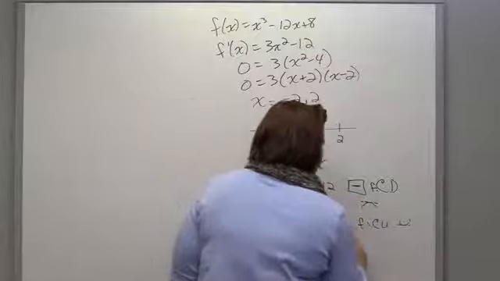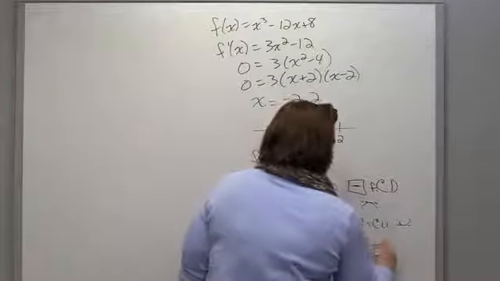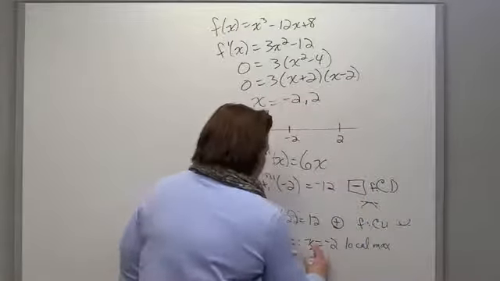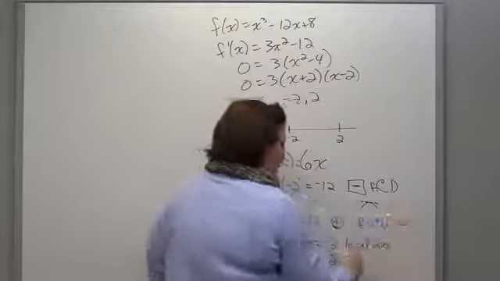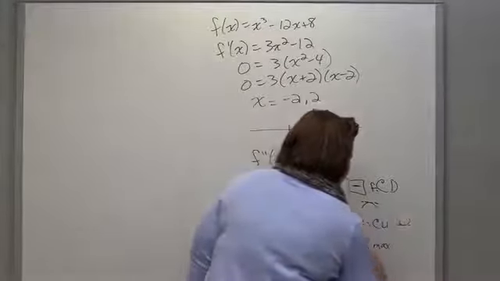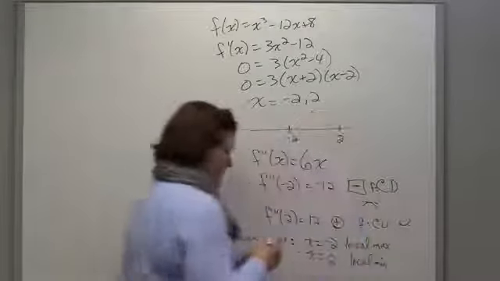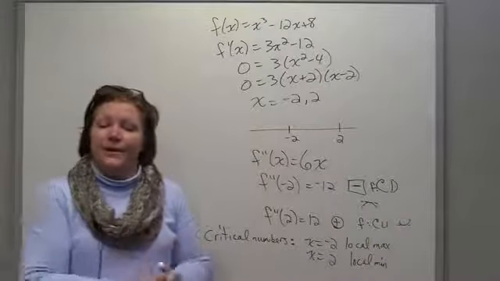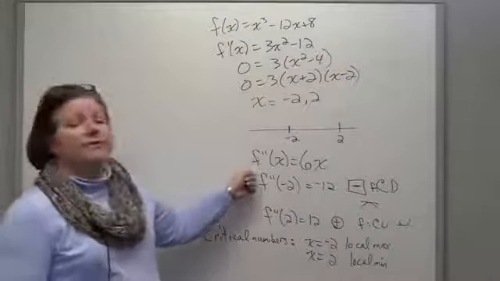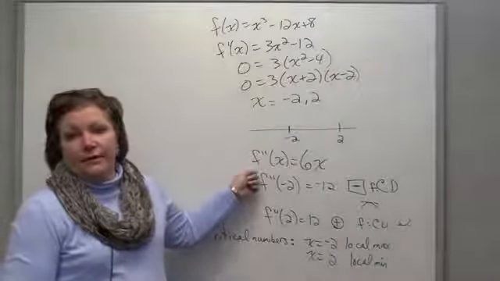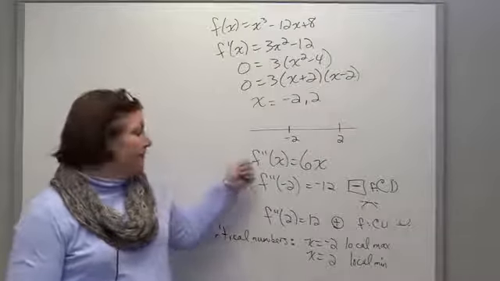We got a local max. And at x equals positive 2, we got a local min. Since we knew we were going to have to take the second derivative because we were asked about inflection points, that was another reason why I went ahead and did the second derivative test for the critical numbers.